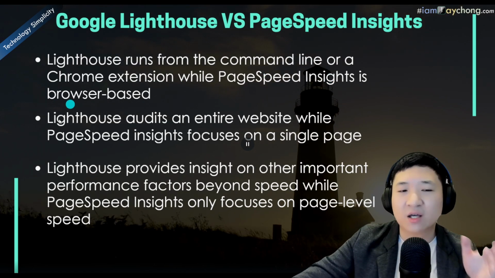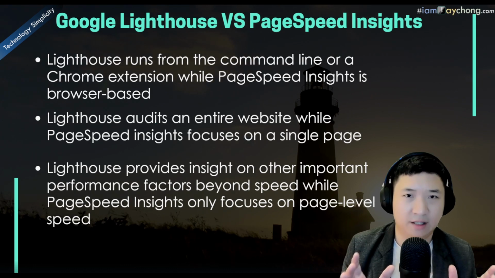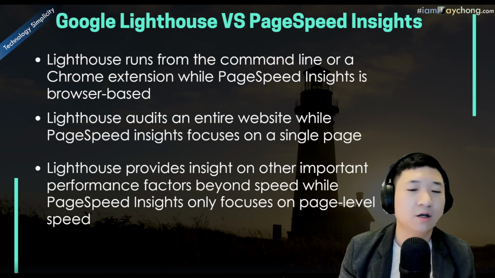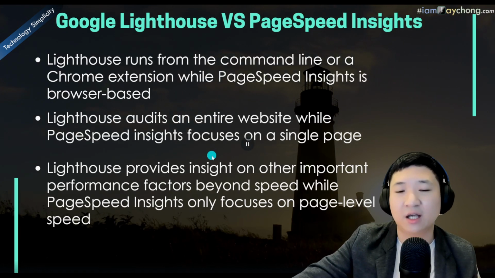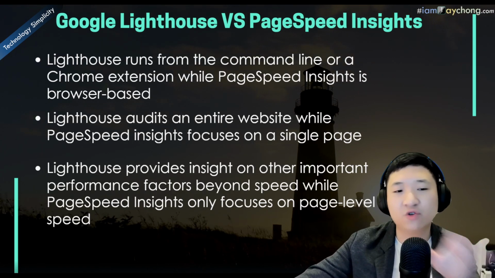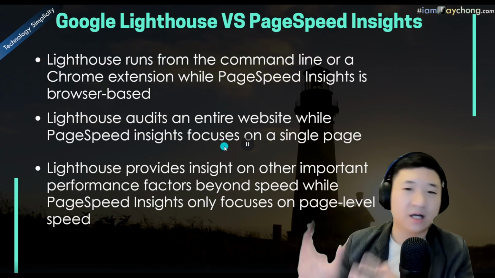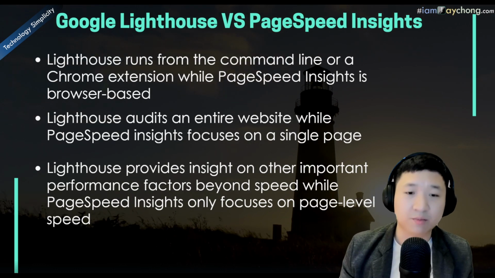Number two, Google Lighthouse audits the entire website. Imagine your website has 10 pages, just saying it's a small one. Lighthouse will audit the whole thing, and PageSpeed Insights will only focus on a single page. For example, I'm jchong.com, a single page, but Lighthouse will audit the entire website, including imjchong.com/ts for technology simplicity.